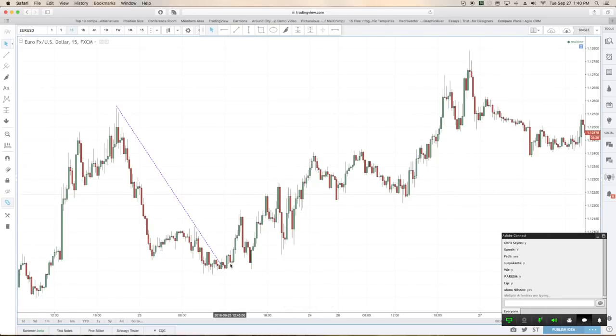Okay, so if I draw my trend line like that, my breakout starts happening here. So let's work through this. Can I just hit the buy right when the breakout happens? No. So now you know you can't just immediately enter.